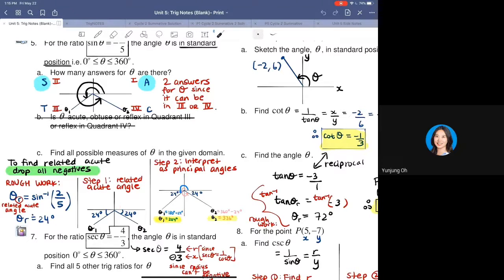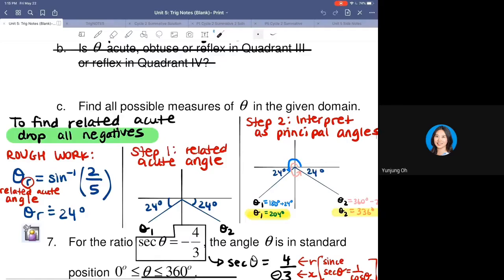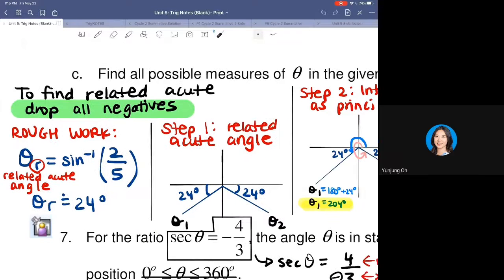So can you see how if we don't drop the negative, we might come across situations where we're not finding the related acute angle? Sorry, I cut out. Yeah, exactly.